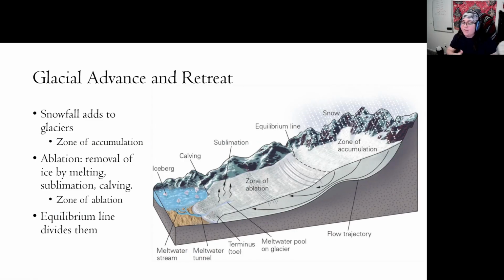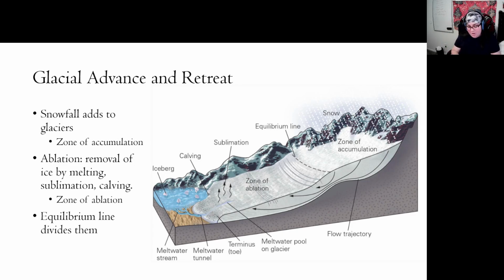So we have our glaciers that move forward, but we also know that they retreat, because it's very much a hot topic in the news. So now let's look at glacial advance and retreat. For the formation of a glacier, when we have snow, this equates to accumulation.